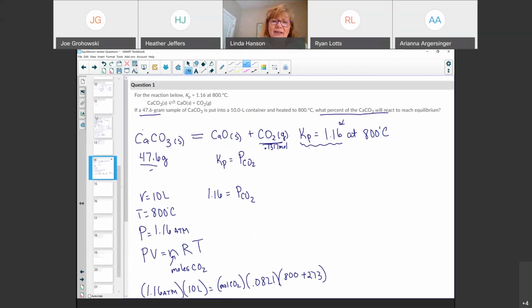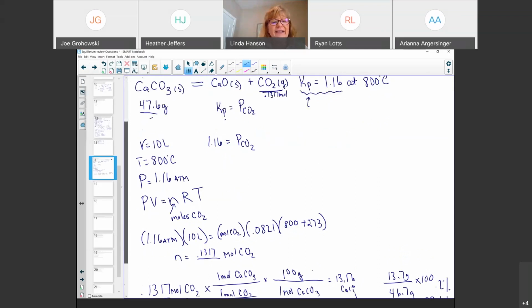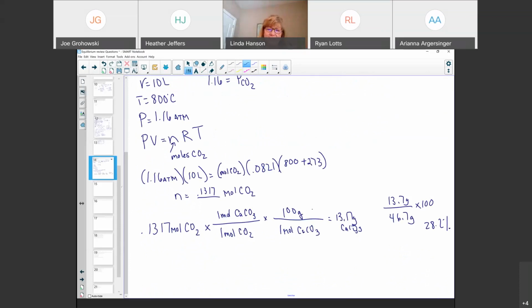So our process was using Kp for the partial pressure of carbon dioxide, turning that into the mole unit using the ideal gas law, finding mass using stoichiometry, and converting it out to a percent consumed. Maybe a moment to think about this one. See if you have a question, jot it into the chat.